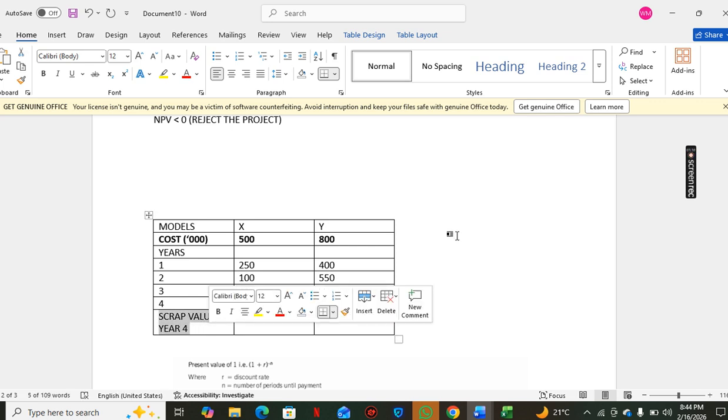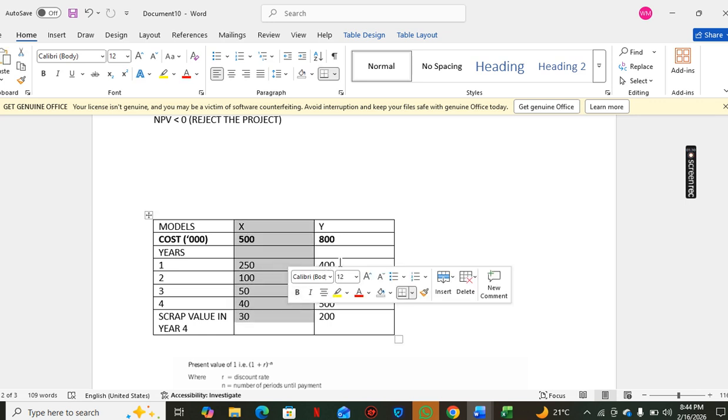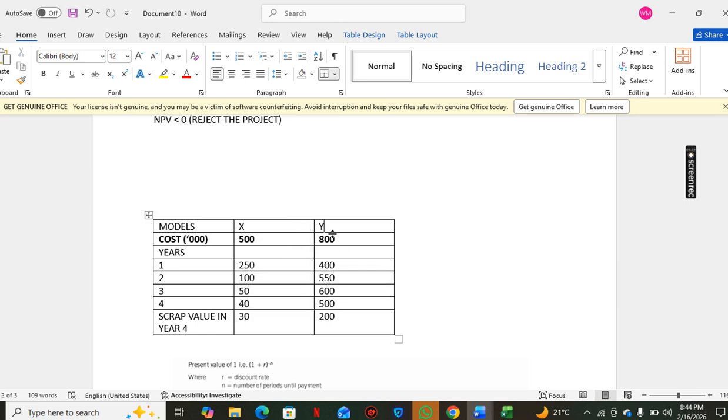So we're going to see which machine we should invest in using the net present value technique. Should we invest in X or should we invest in Y? For investment Y, as we can see here, the cost is 800,000. In year one, you get 400,000.